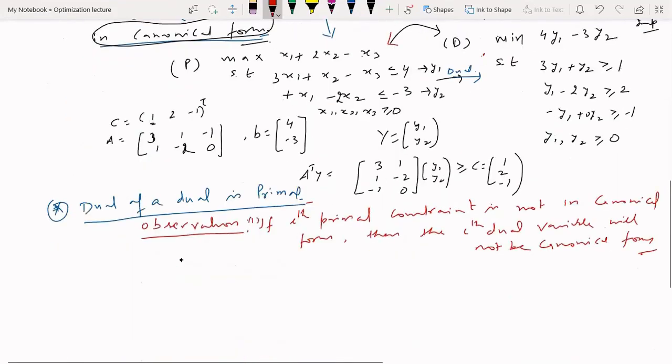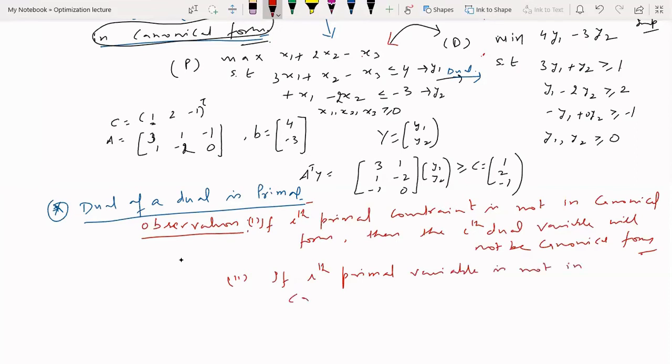This is observation 1, and my second observation is, if the ith primal variable is not in canonical form, then ith dual constraint will not be in canonical form.